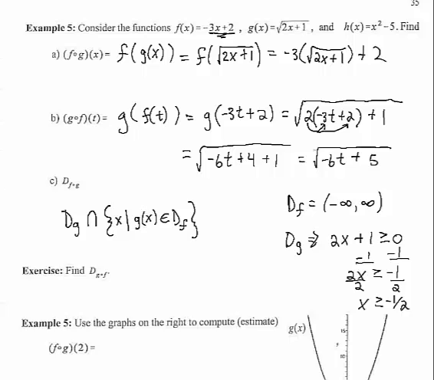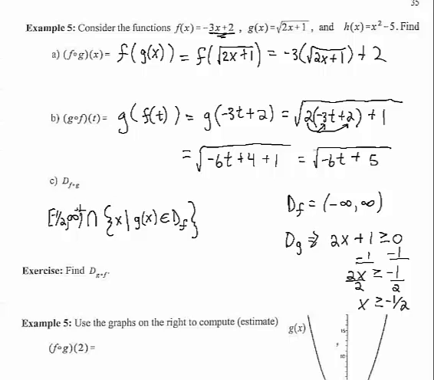Okay, this, in a general way, is the domain that we're looking for. Well, I'll go back and I'll replace the domain of g with the interval notation of this set of numbers, and that just simply gives us from negative 1/2 to infinity.